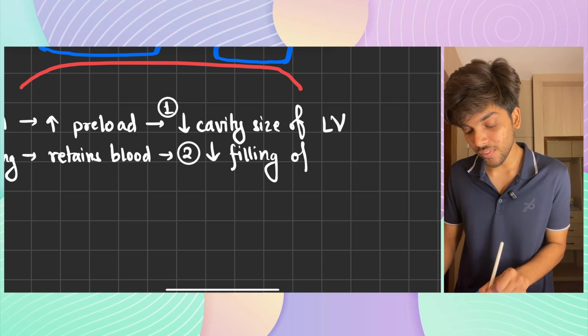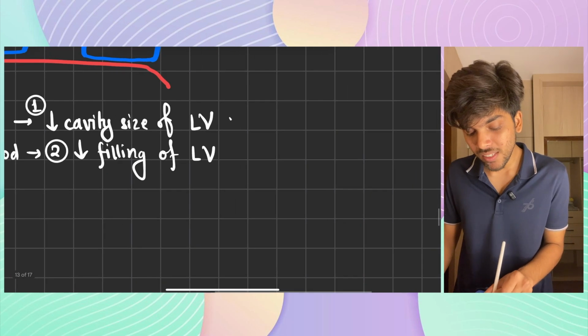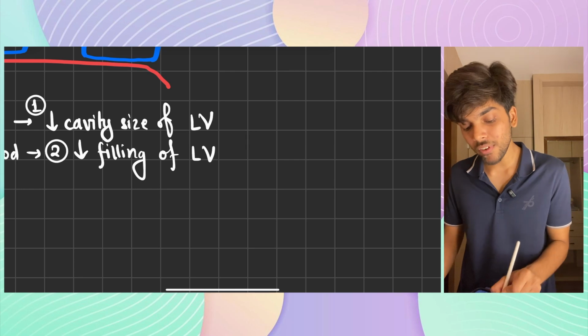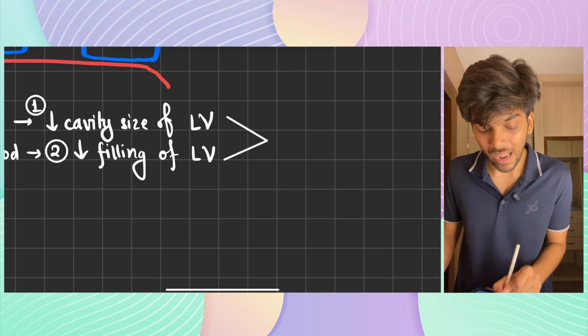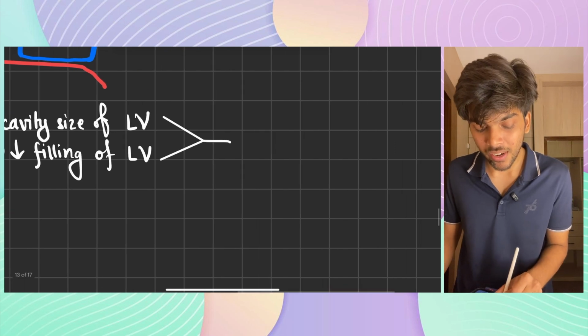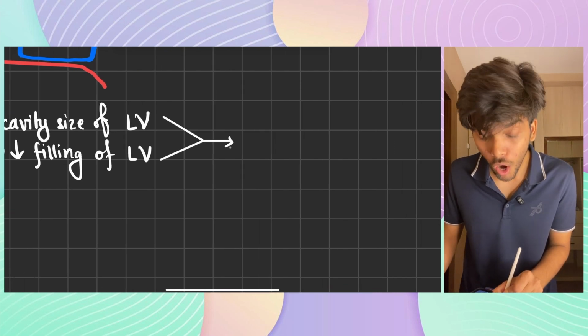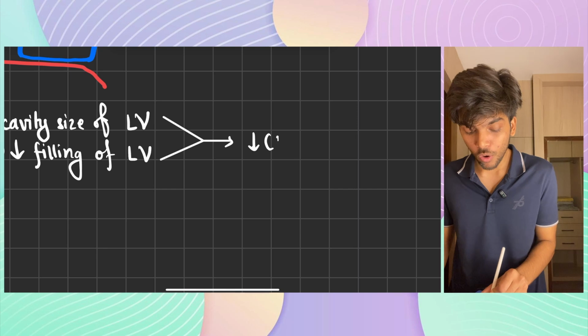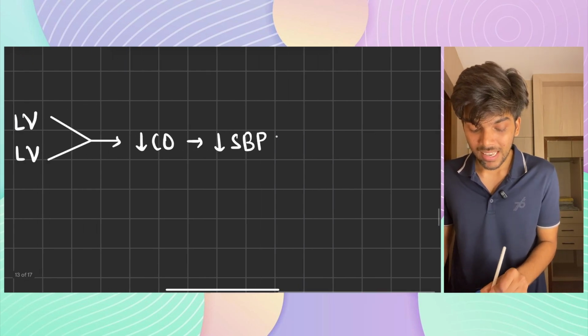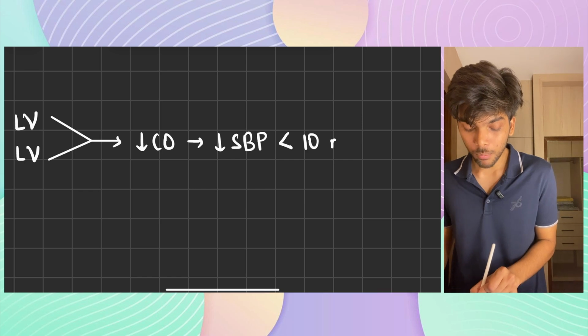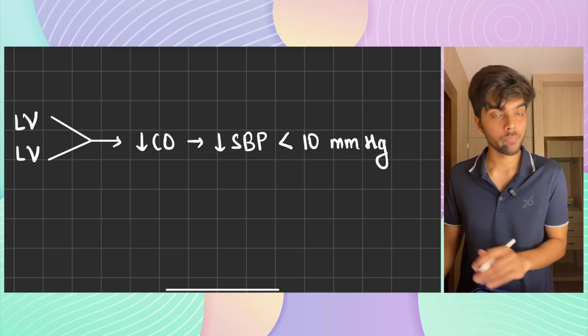Due to both these reasons, that is, decrease in cavity size of the left ventricle due to the push of the interventricular septum and decreased filling of the left ventricle due to holding of blood by the lung, you get a reduced cardiac output and a reduced systolic blood pressure, which is by less than 10 mm of Hg.